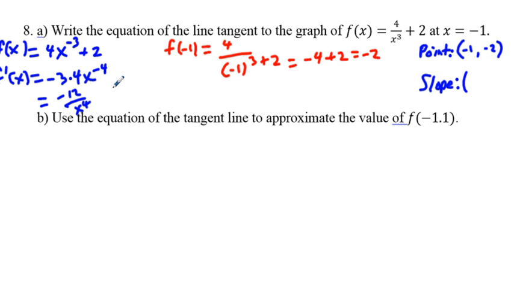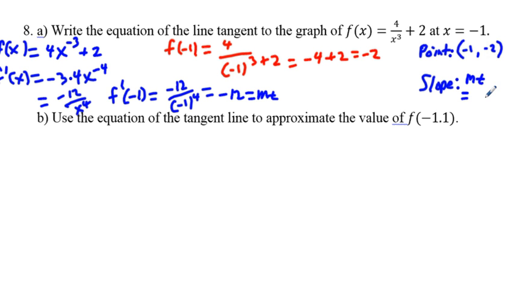And f prime of -1 is going to be equal to -12 over -1 to the 4th power, which equals -12 over 1, which equals -12, and that's m sub t. So our slope, m sub t, is equal to -12.